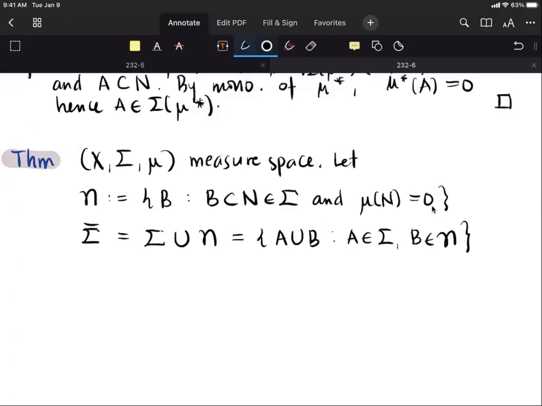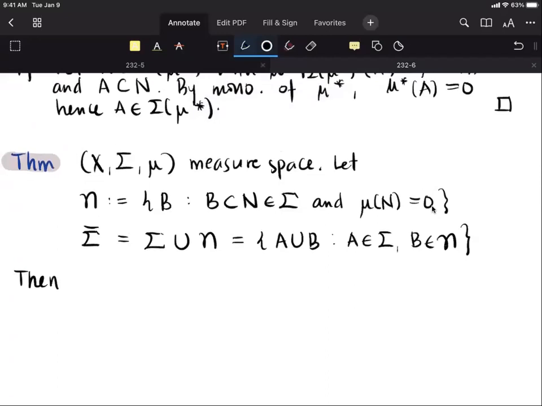So the first step is to enlarge your sigma algebra by combining all subsets of null sets. And in fact, the resulting collection is a sigma algebra.